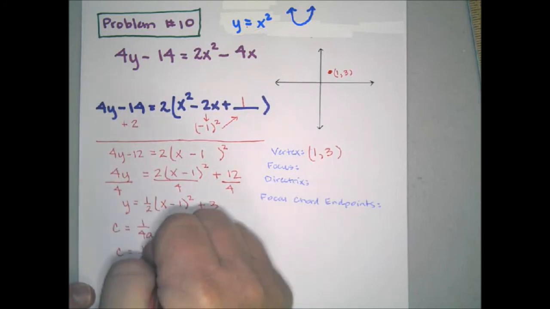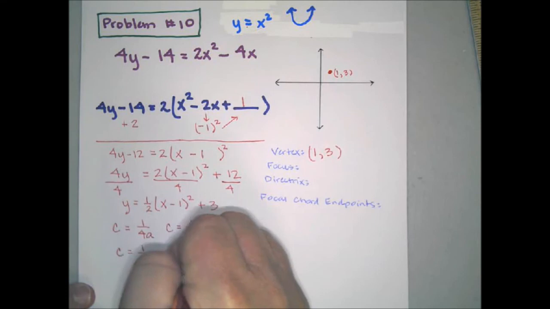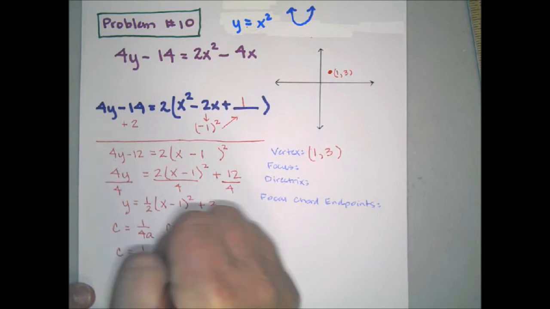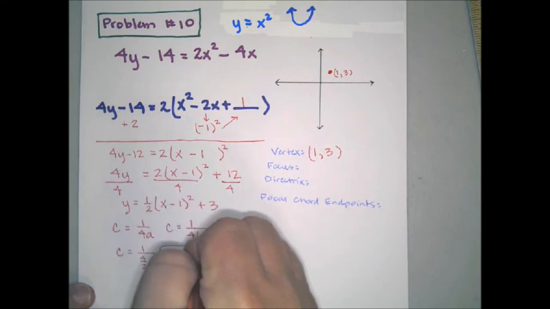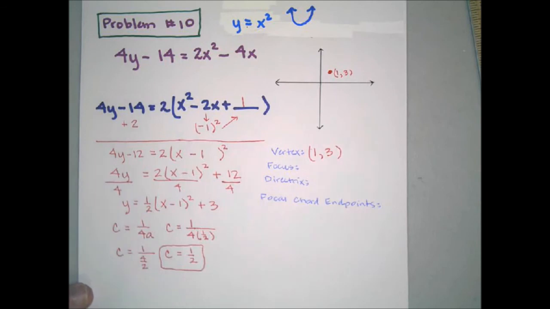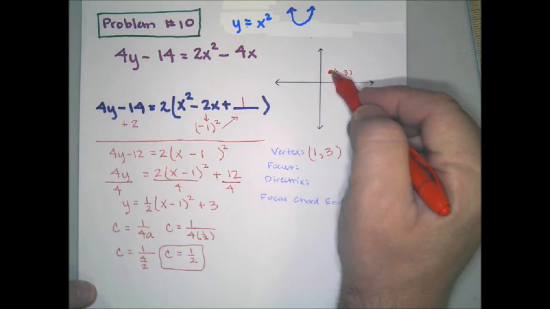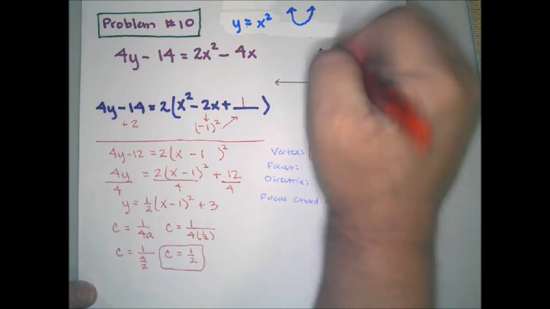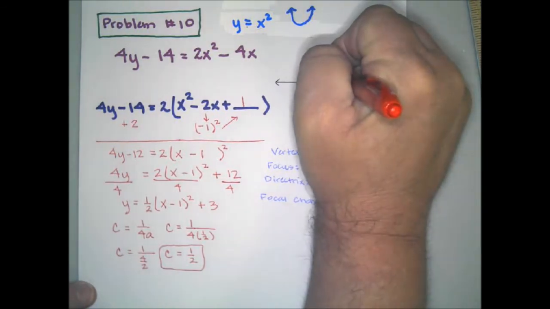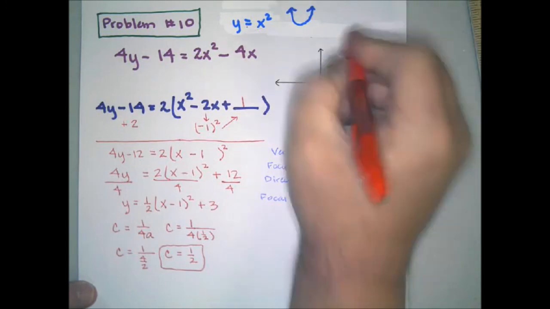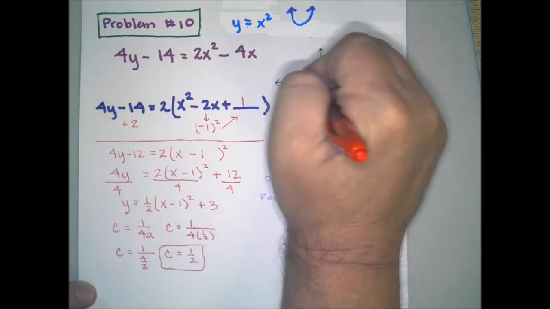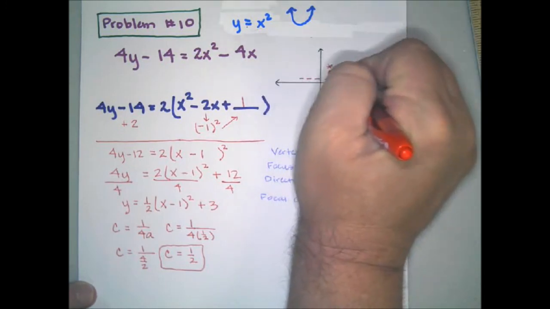And 4 over 2 is 2. So C equals 1/2. And C tells me how many steps I have to go up to get to the focus and back to get to the directrix.